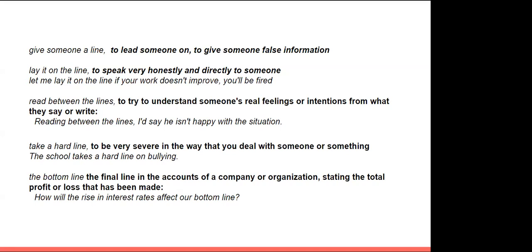Okay, yes. Also, here we have a given example that says, let me lay it on the line. If your work doesn't improve, you'll be fired. So that means that if this person doesn't do a better job, then he will be off.